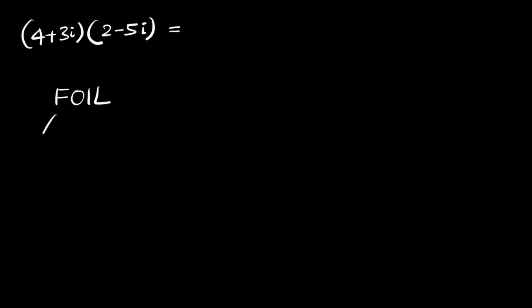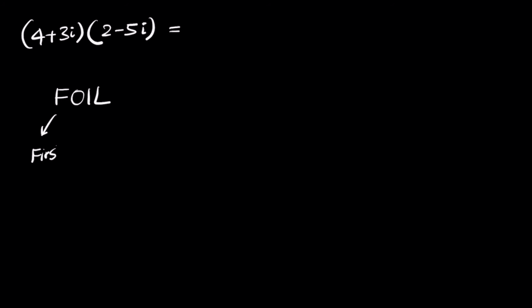Let's try the next one, which is multiplying a complex number with another complex number. Let's say we have an example of 4 plus 3i times 2 minus 5i. Because these are binomials, we can use the FOIL method. Remember the FOIL method?